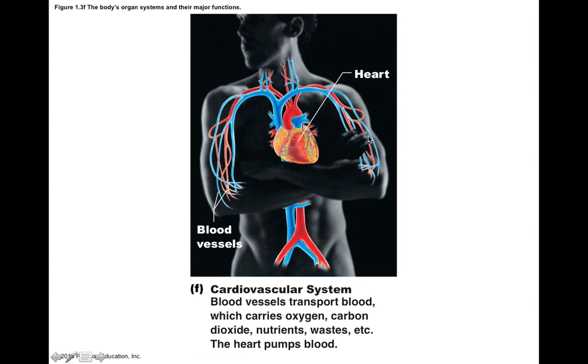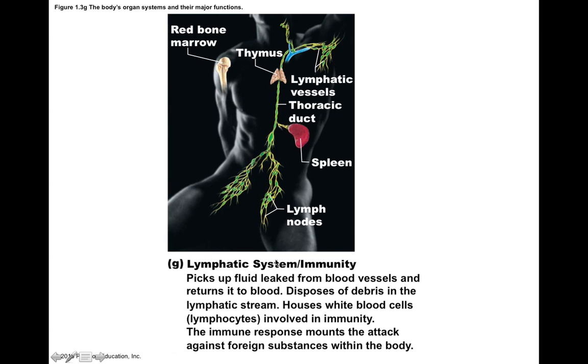Now, the lymphatic system is a branch of your circulatory system, and it's similar to the cardiovascular system in the sense that it's a series of tubes. However, the lymphatic system transports lymph, and lymph is essentially a watery type of fluid that builds up in your body's tissues.